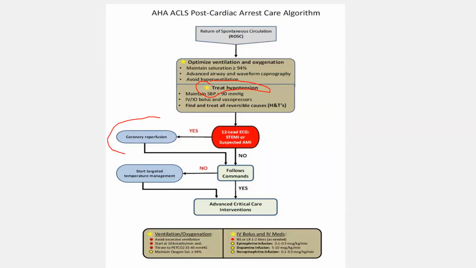And reperfusion could mean a percutaneous coronary intervention, or PCI, in order to decrease the amount of tissue damage as a result of the myocardial infarction. And lastly, we have the targeted temperature management.